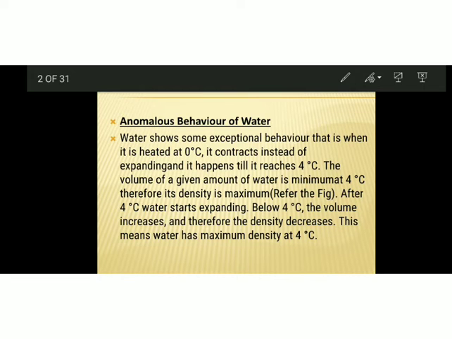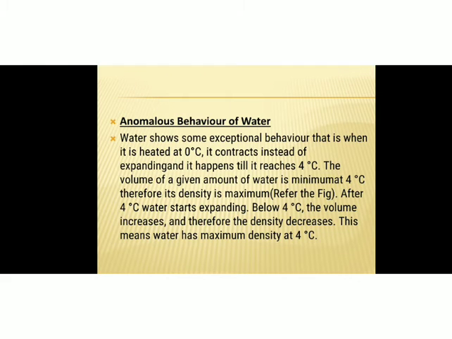When the temperature increases, its volume decreases, and finally when the temperature reaches 4 degrees Celsius, its volume is minimum and its density becomes maximum. At which temperature is the density of water maximum? At 4 degrees Celsius.